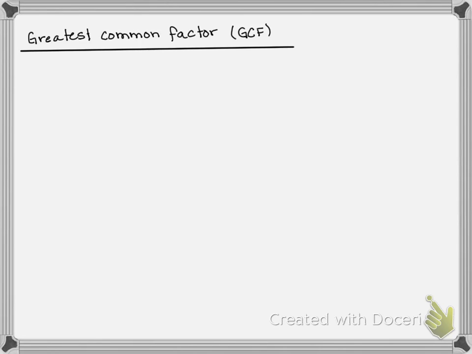So when we worked with LCMs, remember that the LCM was the smallest number that was a multiple of a group of numbers. So for instance, if I have 6, 12, and 15. To find the LCM, we did prime factorization and then we built the LCM.